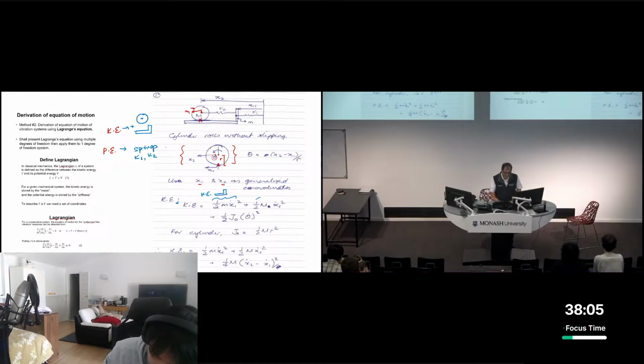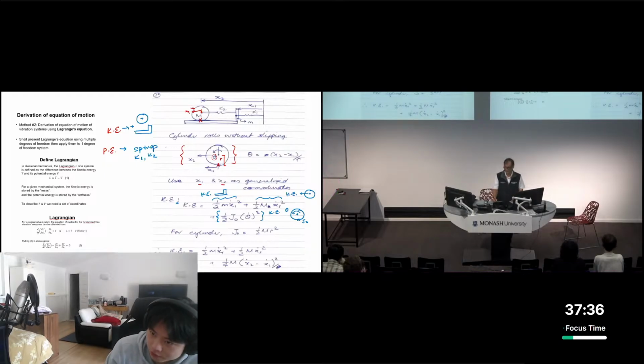Okay, this here is the kinetic energy of the cylinder, its motion, and this is the kinetic energy of the cylinder about where J naught is about this point, and that is a rotational kinetic energy.